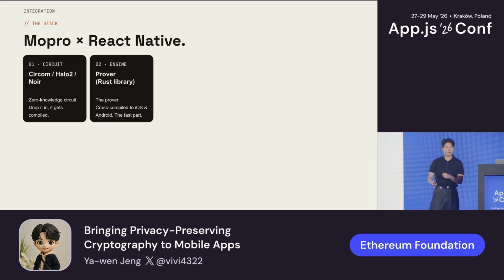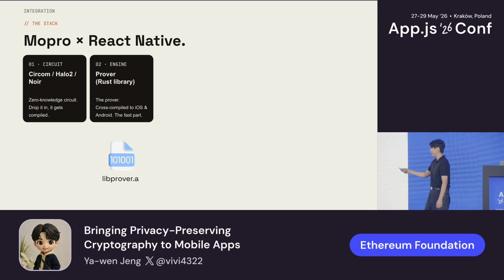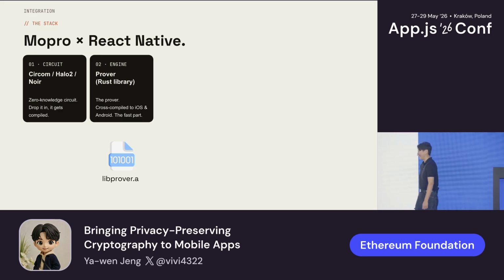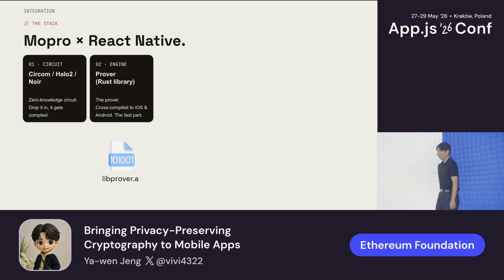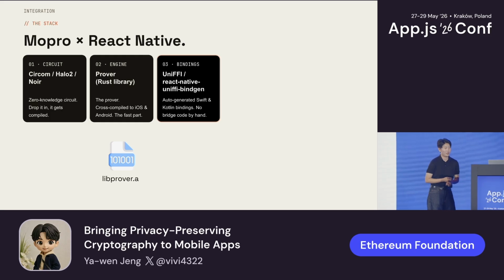Although it can be compiled across different platforms, it just gives you a binary, for example, prover.a. And developers have to write headers or APIs to interact with this binary. There's another tool called UniFFI, and someone built UniFFI for React Native, called React Native UniFFI by Jeng.